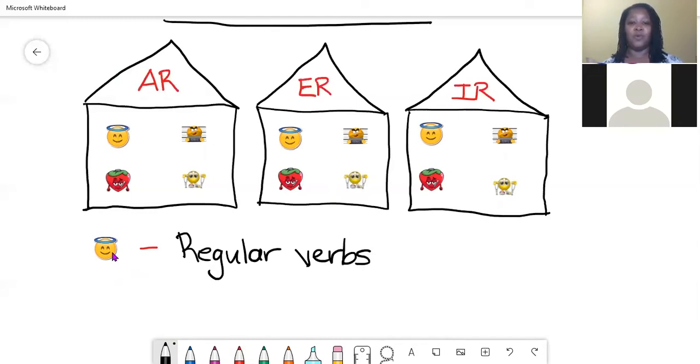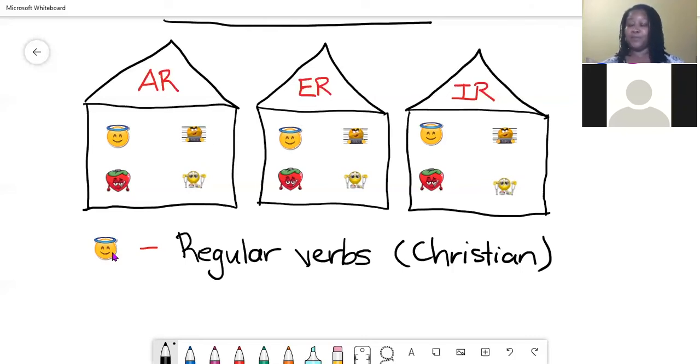I like to also call them Christian verbs. They do what they're supposed to do, how they're supposed to do it, when they're supposed to do it. They do not break the rules. They are goody two shoes. Whatever the rule says is what they do.